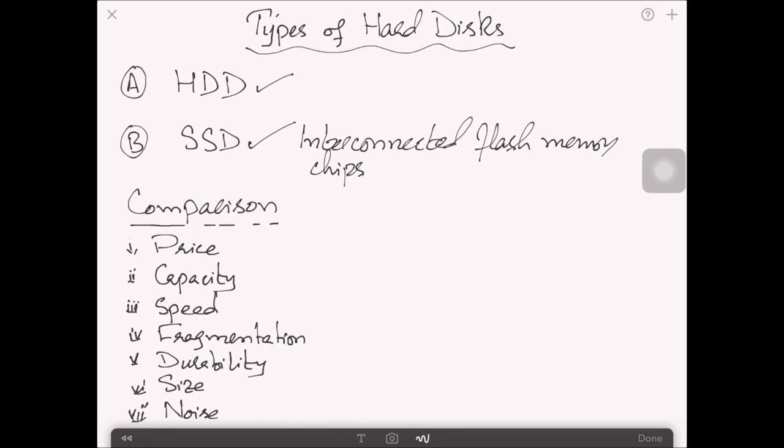Before we proceed, let us have a brief comparison of the attributes of these two types of hard disk. First of all, like no free lunch, the solid state disks are very costlier. A solid state disk of just 128 gigabyte costs you more than the cost of a 2 terabyte spinning hard disk.